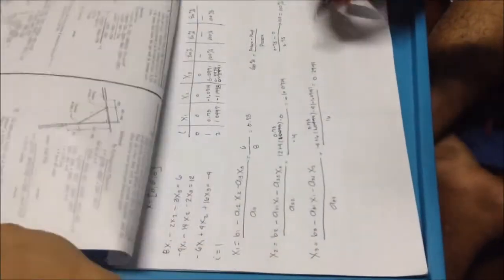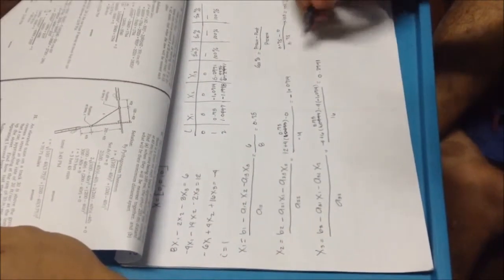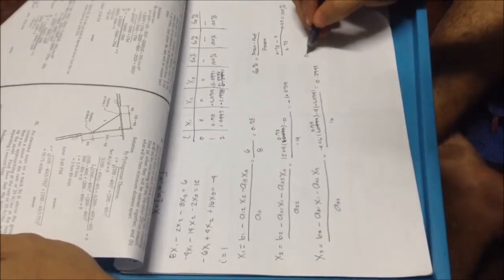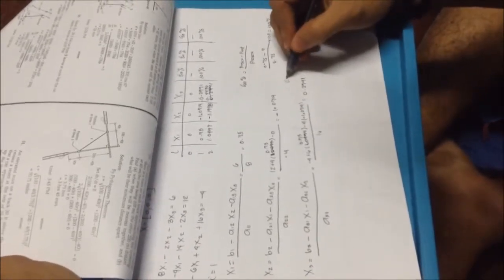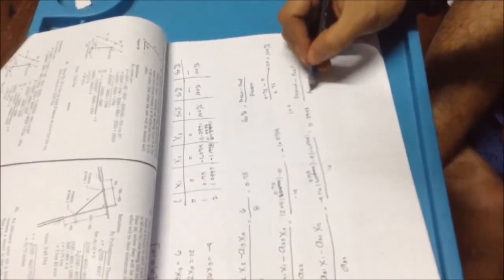0.4436. So for the percent error of this value for iteration 2, present minus past over present.